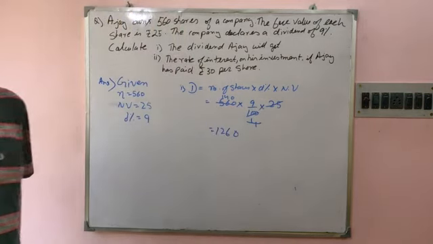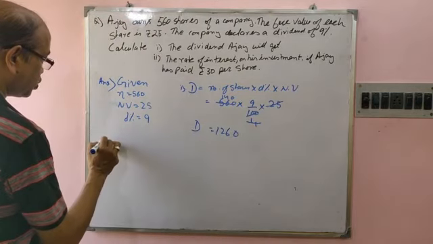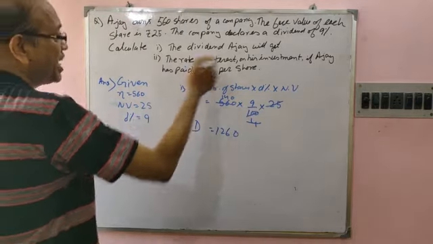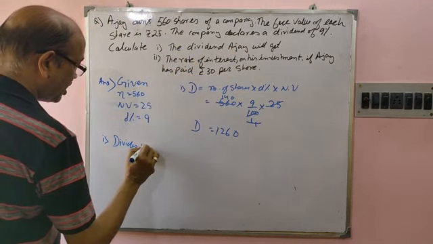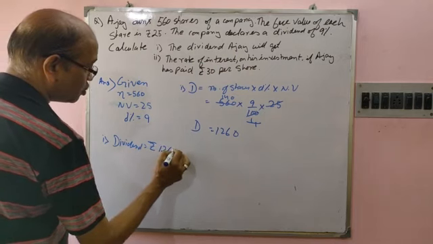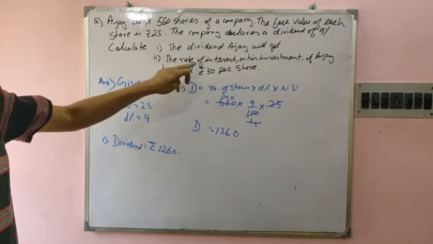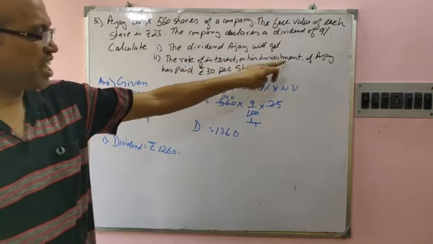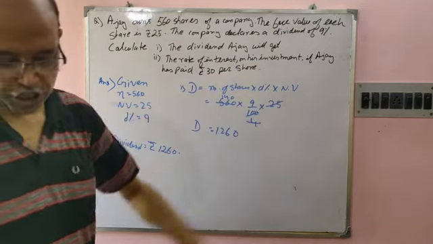Your dividend is rupees 1260. So your first answer, dividend is rupees 1260.